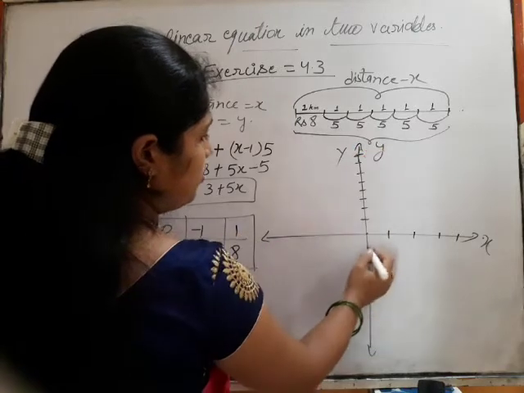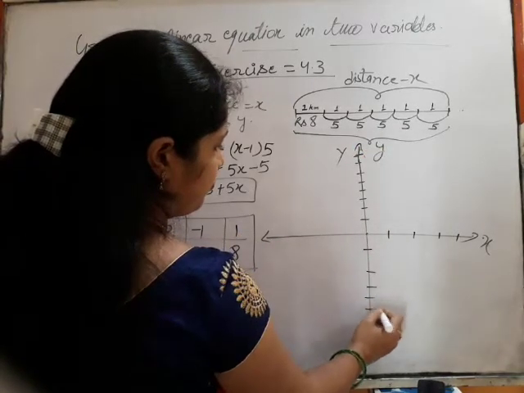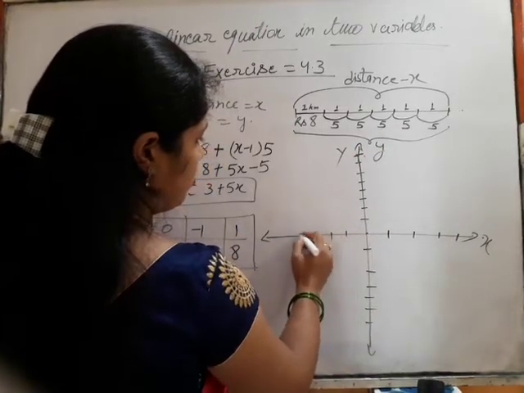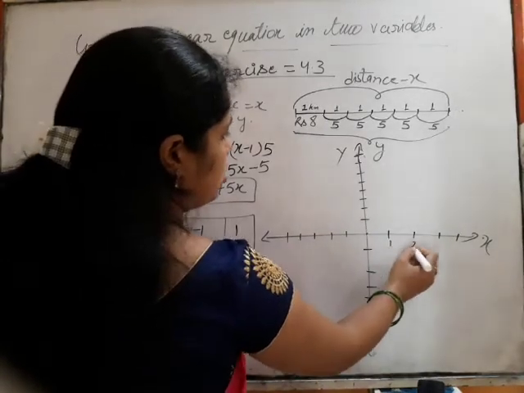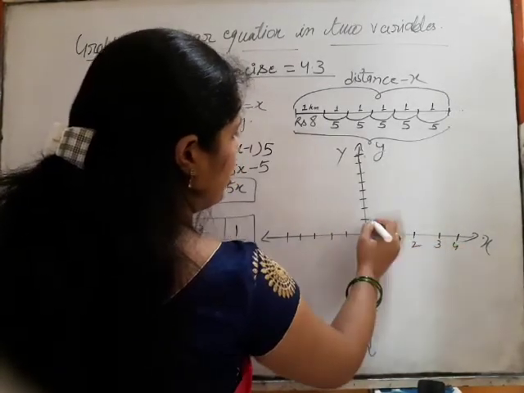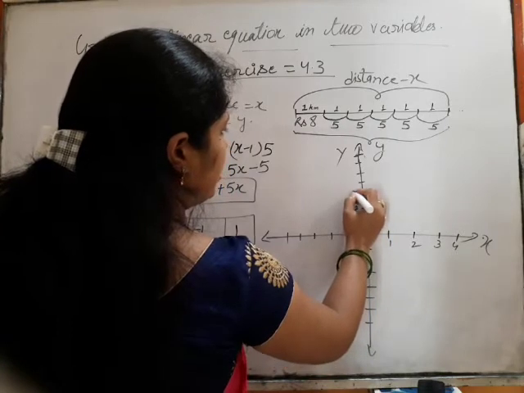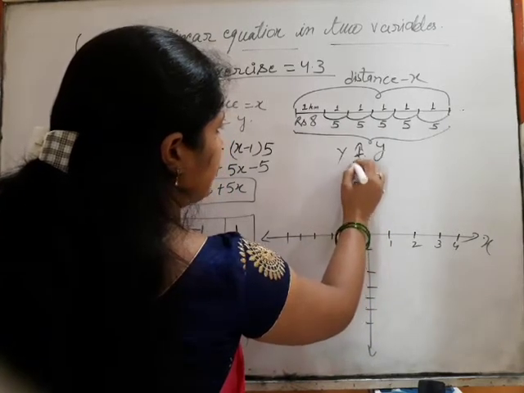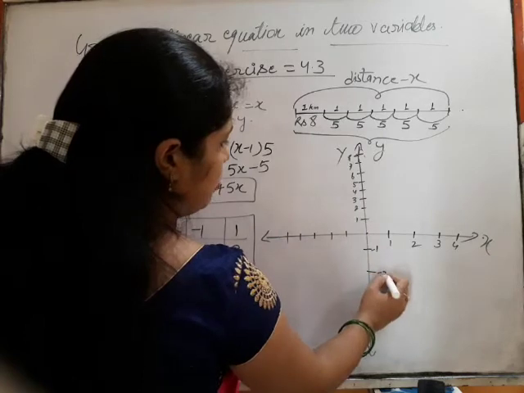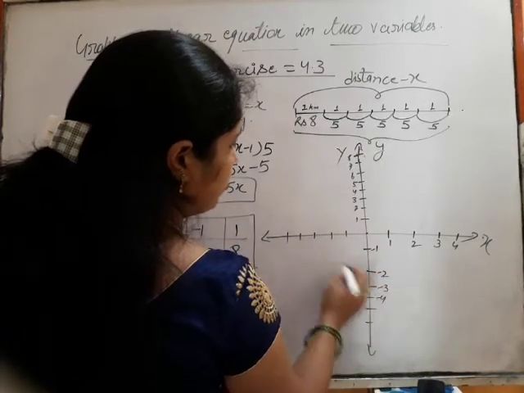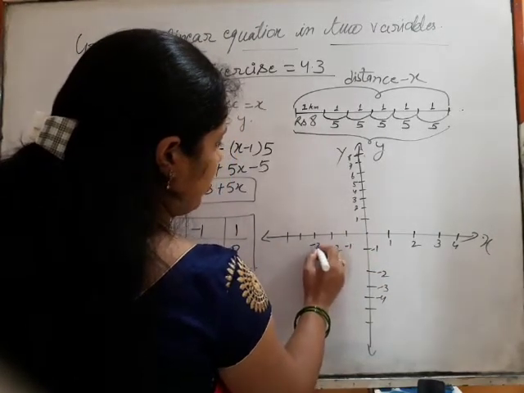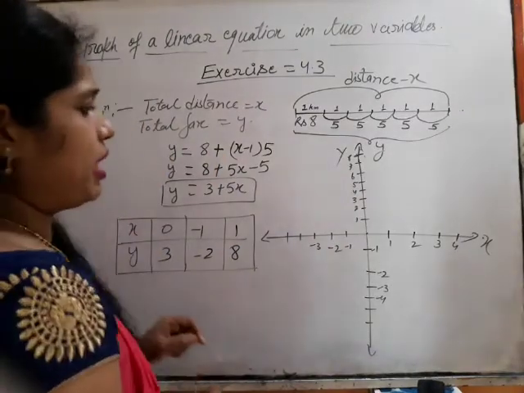Little bit more. 1, 2, 3, 4, 5, 6, 7 and 8. Minus 1, minus 2, minus 3, minus 4. Okay, till here I am writing.